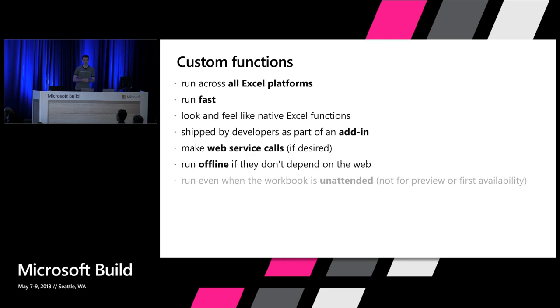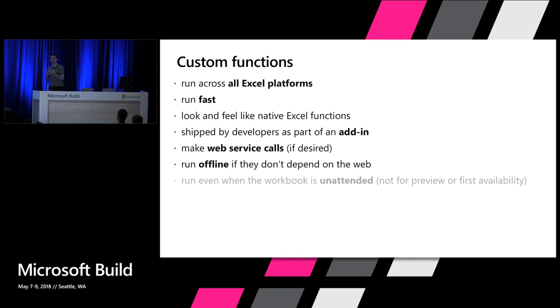The last point I have here is kind of grayed out a little. It's talking about when the work is unattended. What does unattended mean? This means that there isn't actually a user sitting there in front of Excel who can see the spreadsheet. Instead, the spreadsheet is just up in the cloud. It's in OneDrive, for example, and perhaps you have some other application, like an iPad app or something else, that is making a Graph API call to use Excel as its backend, or just as the spreadsheet that's linked.